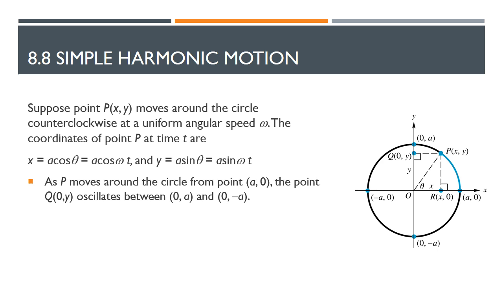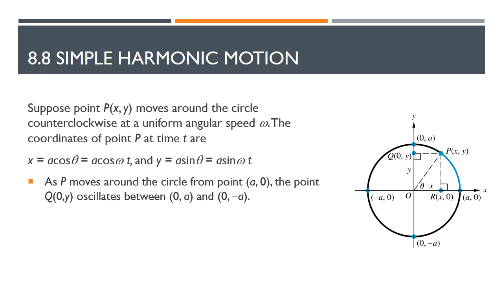Now, as P moves around the circle from starting position at (a, 0), look at the corresponding y values. Look at the point Q on the y-axis, which is representing the y value of the bead, of the point that's moving.